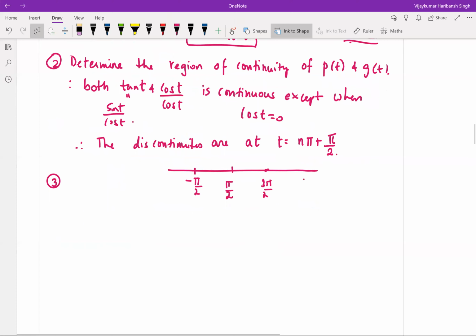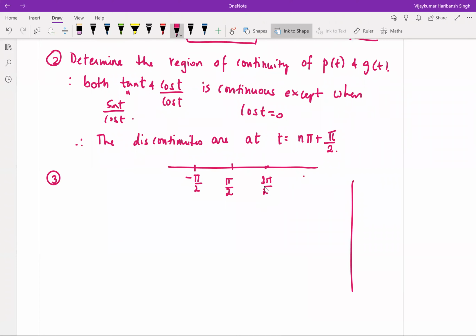Recall how the tan graph looks. From minus pi by 2 to pi by 2, this is how the tan graph looks.